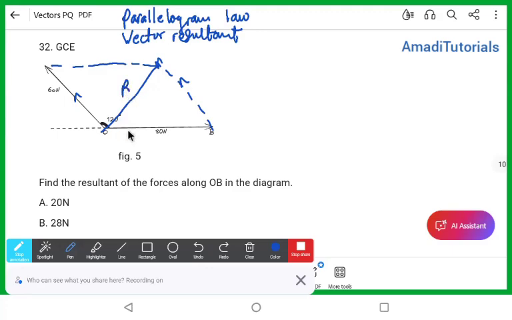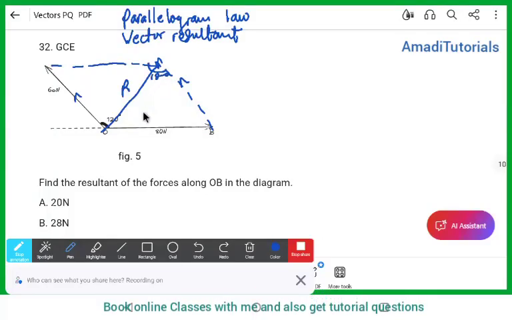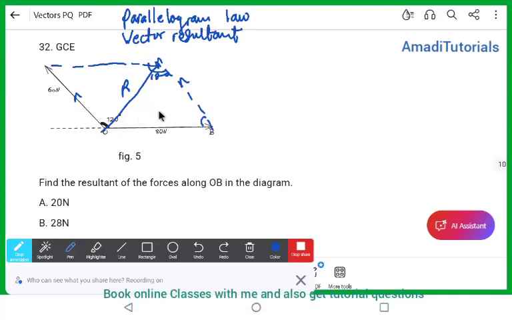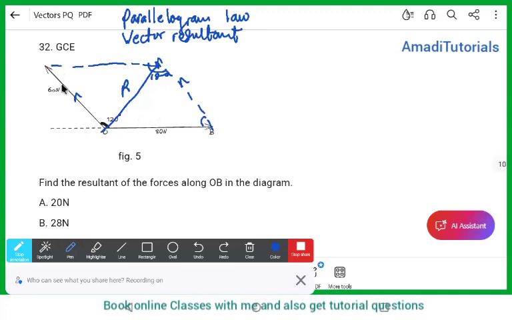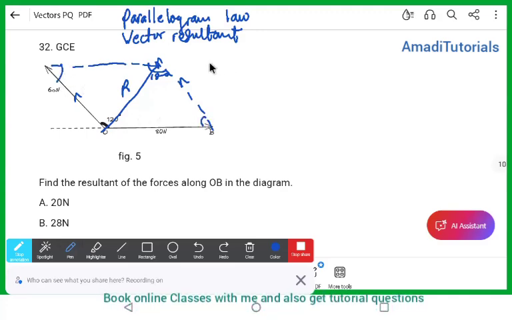Now, if here is 120 in the parallelogram, we know the opposite angles are equal. So if here is 120, that means from here to here is also 120. How do we find these other angles? By simple geometry.